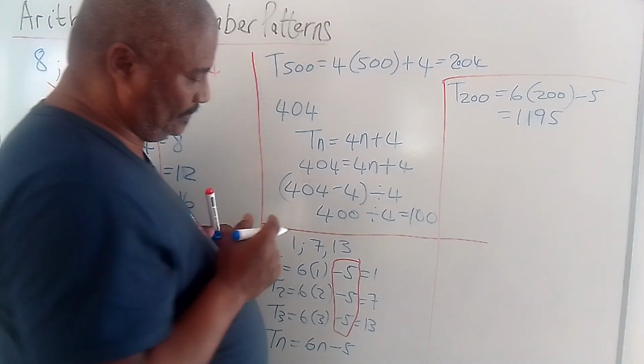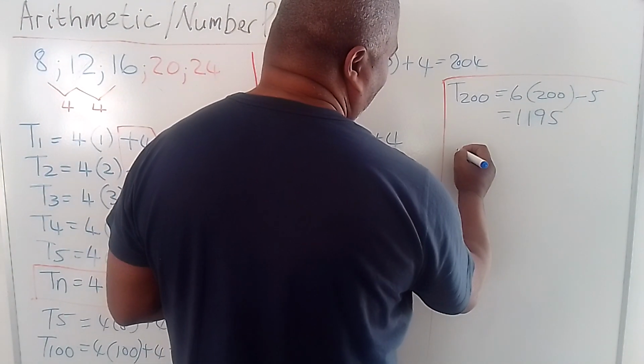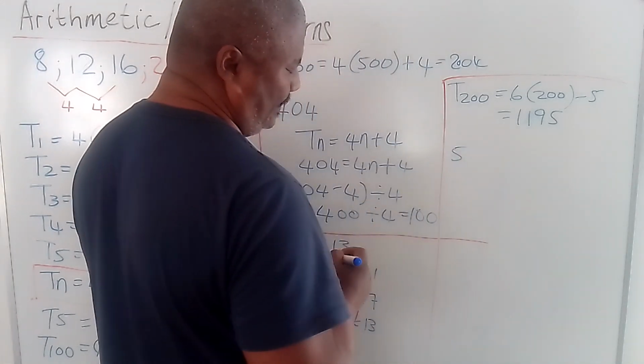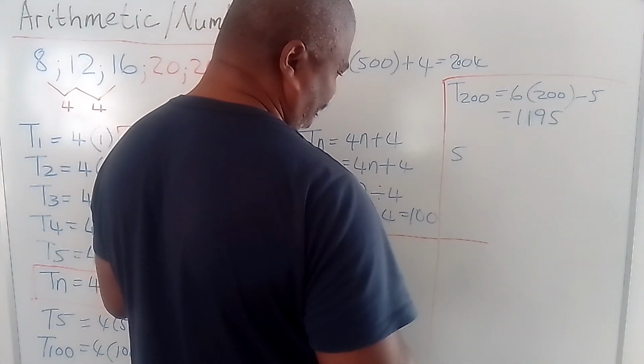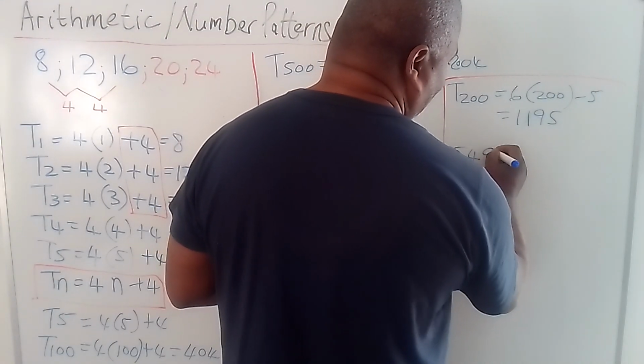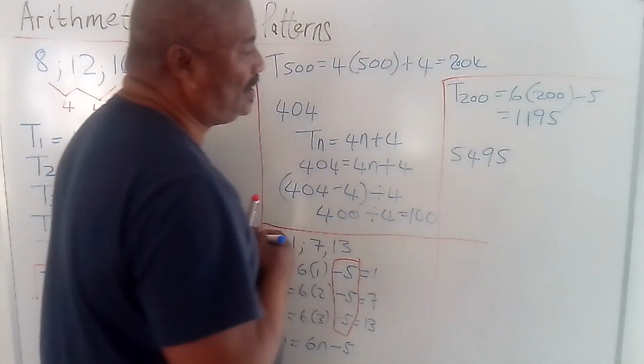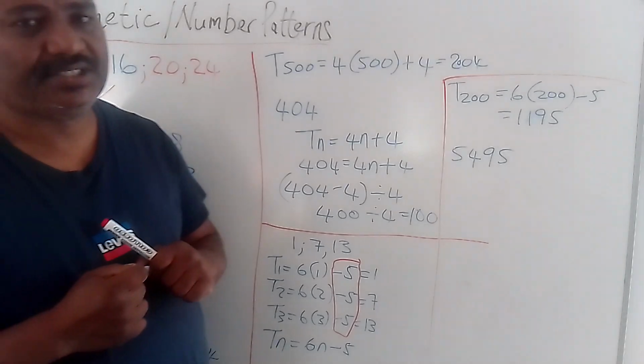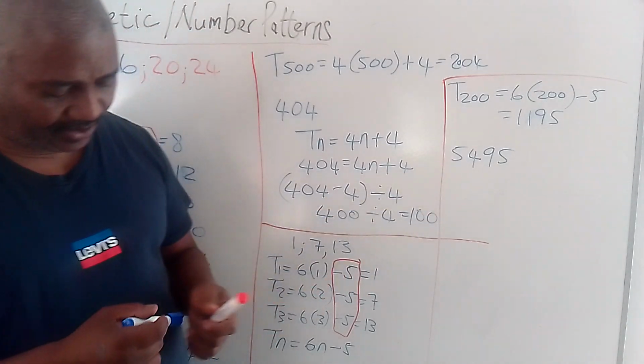I want to know which term is 5,995. So from our general term, which we always write down, Tn is equal to 6n minus 5.